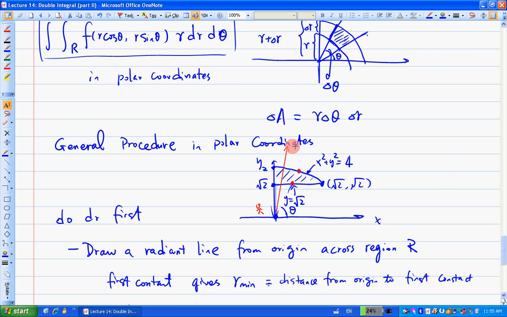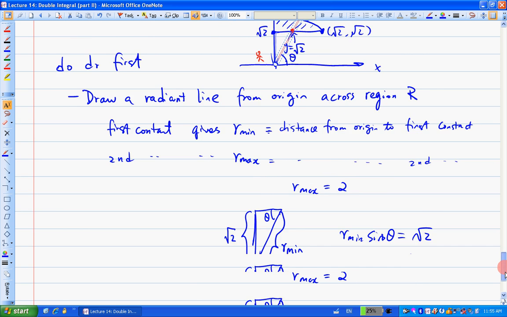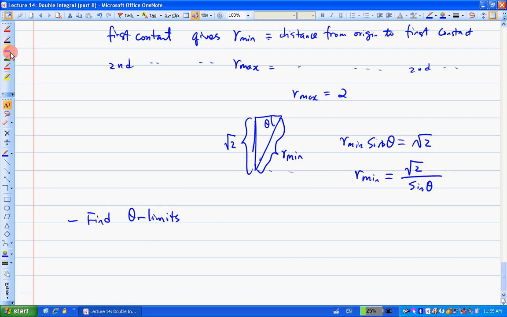So in this particular case, my first edge is here, my second edge is here. At this edge here, I have a theta min, and at this edge here, I have a theta max. Is that good? Yeah? So I'm going to look at this specific case like this.